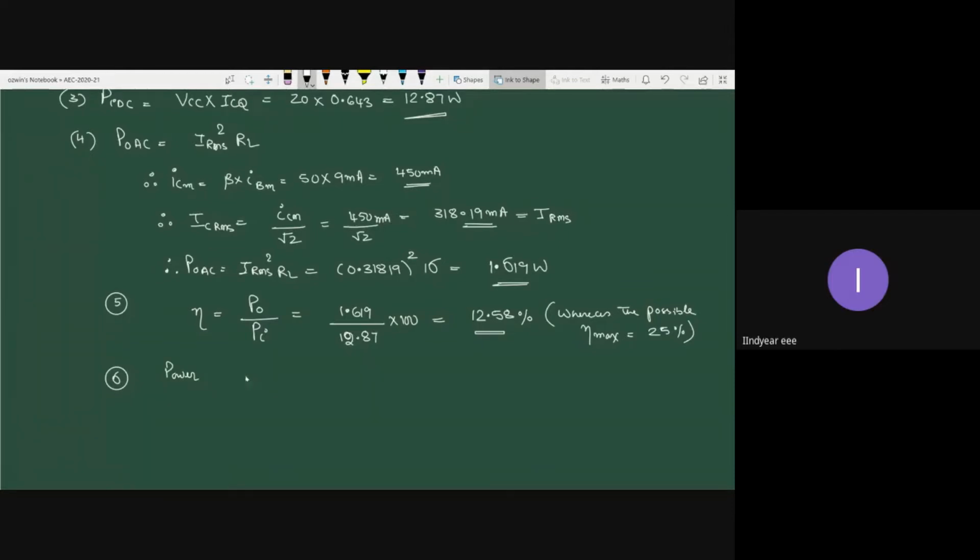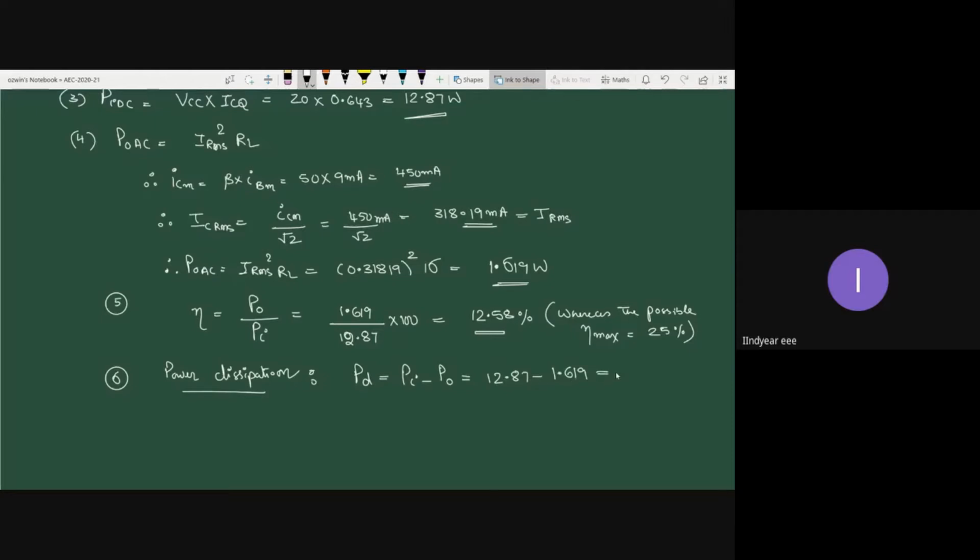Okay, let me just add some add-on questions. Power dissipation, say, for example, if at all it is asked. Okay, what is power dissipation? Power dissipation is nothing but the waste power, which has not taken part in the energy conversion, right? So power dissipation is input minus output. So input is 12.87 minus output is 1.619.